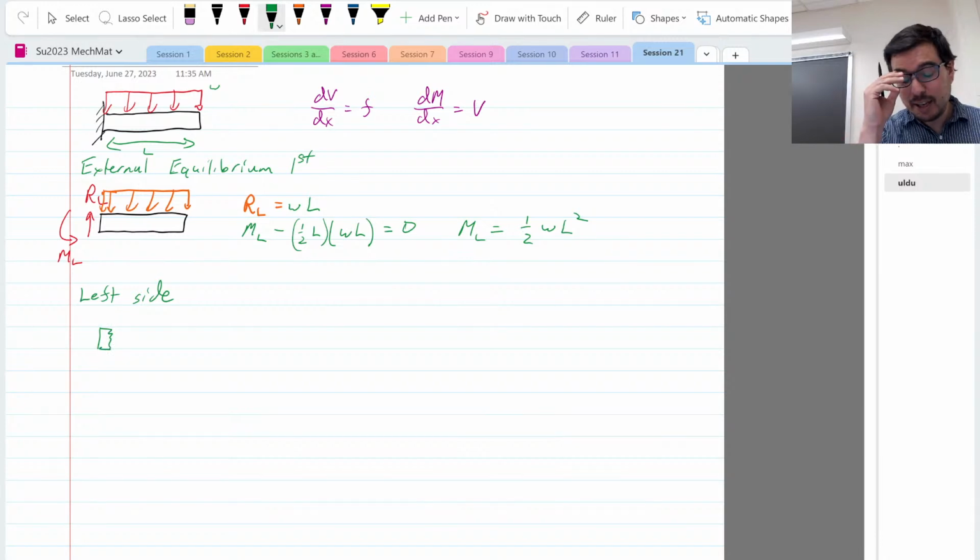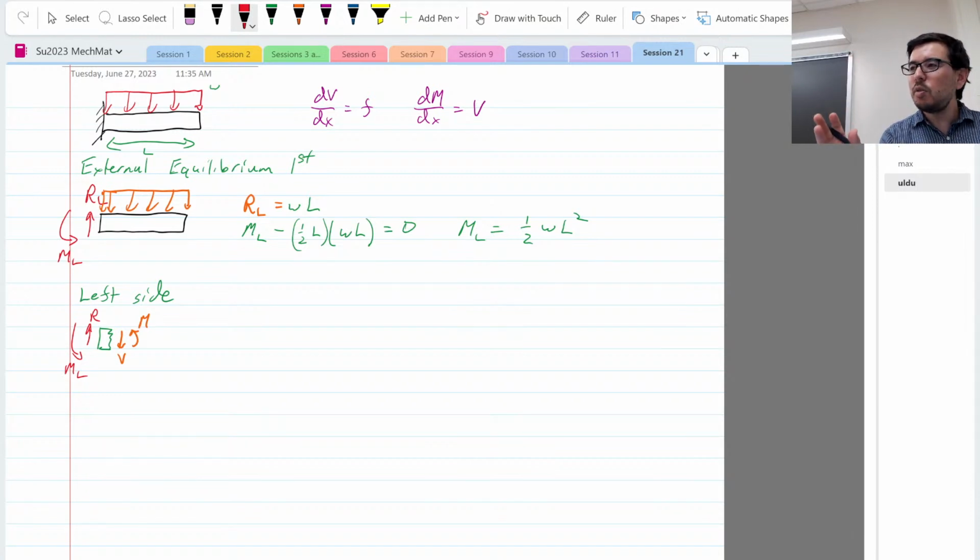All right. So anyway, left side, what we need to figure out is what's happening internally there. What's cool is the distance is really small, so the distributed force has no contribution to this calculation for the boundary conditions. So on the left side, V has got to be equal to R. You see that? They balance out. And M has to be equal to minus ML.